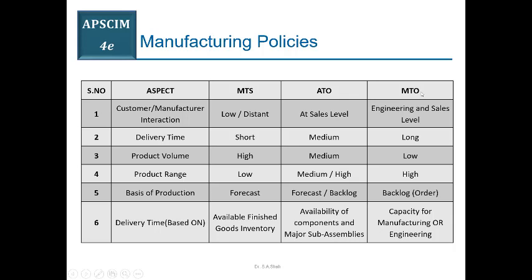MTO में या इंजीनियर टू ऑर्डर में अगर आप देखते हैं, तो जो डिलीवरी टाइम होगा, that will be totally based on the capacity and the capability of the manufacturing system. कि कितनी capability है आपके system में, that how efficiently you will design the product and then manufacture it.